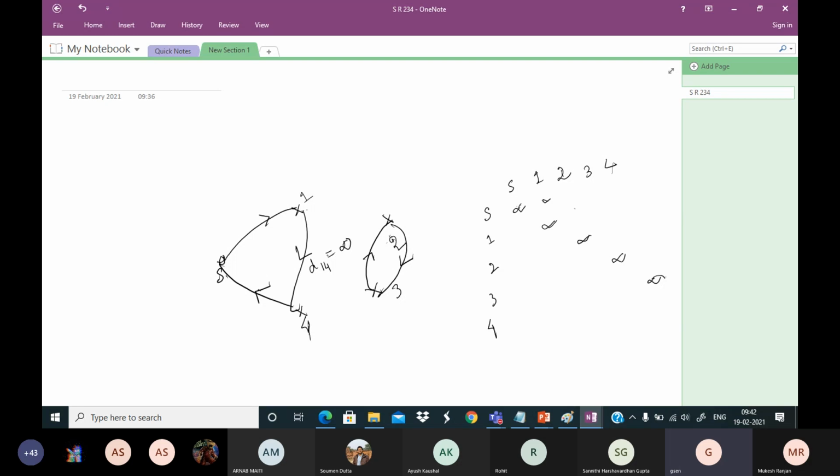Earlier in the branch and bound method, you were applying simplex to solve the LP. Here, because it has the nice structure of an assignment problem, you are using the Hungarian method directly, not simplex. Easier and quicker, right? Simplex may take a lot of time. So this is one way you can approach TSP using the branch and bound tree.